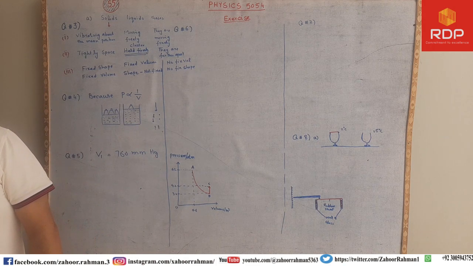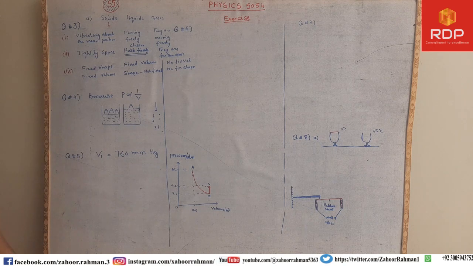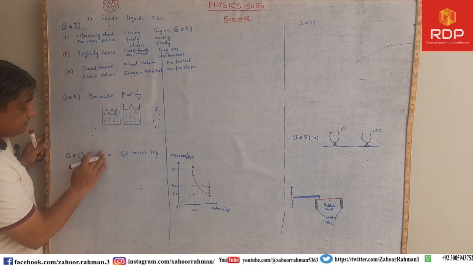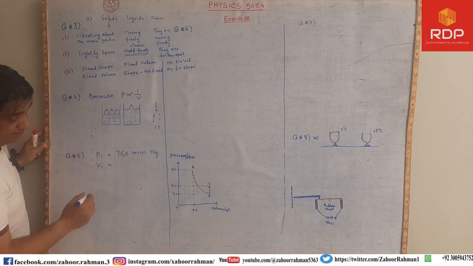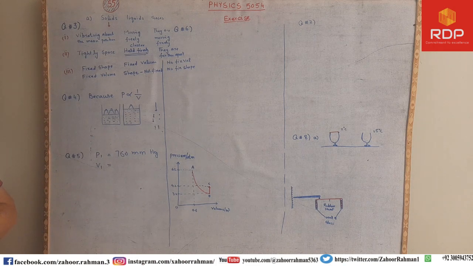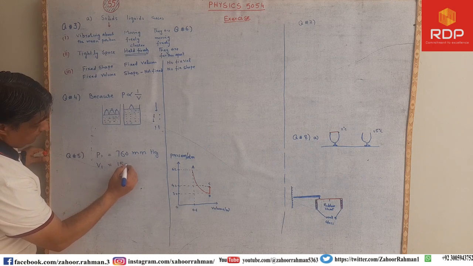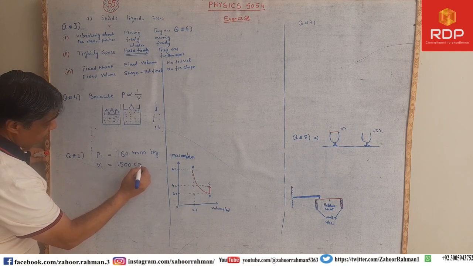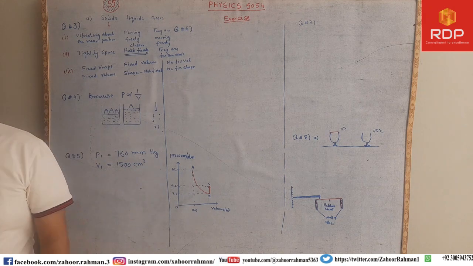Similarly, further they are saying the volume is 1500 centimeter cube. Sorry, this is P1, and V1 is equal to 1500 centimeter cube.